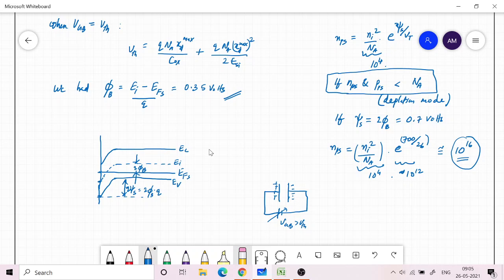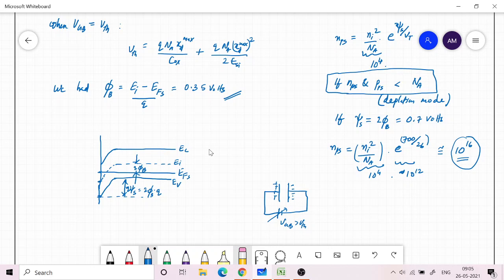So inversion layer electrons will supply enough negative charge, and therefore the depletion region width need not increase, and it will not increase. In other words, the depletion region width will reach its maximum and then stop increasing. Afterward, only the concentration of electrons near the interface is going to increase.